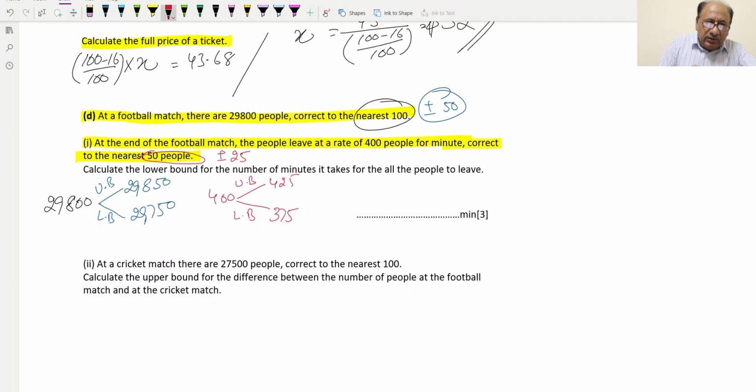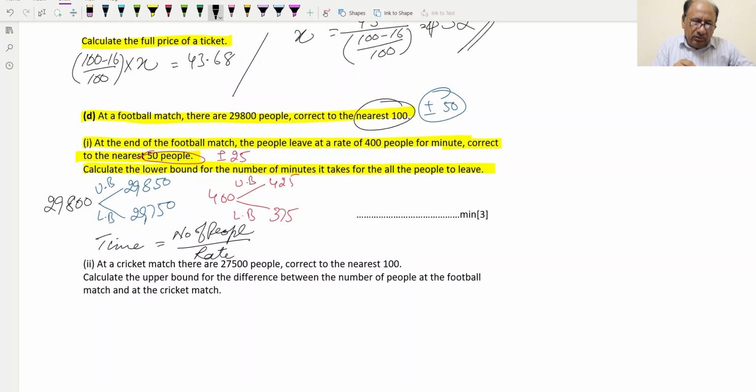Now they're saying calculate the lower bound for the number of minutes it takes for all the people to leave. So we require the lower bound. Time taken will be equal to the number of people over the rate at which they are leaving.